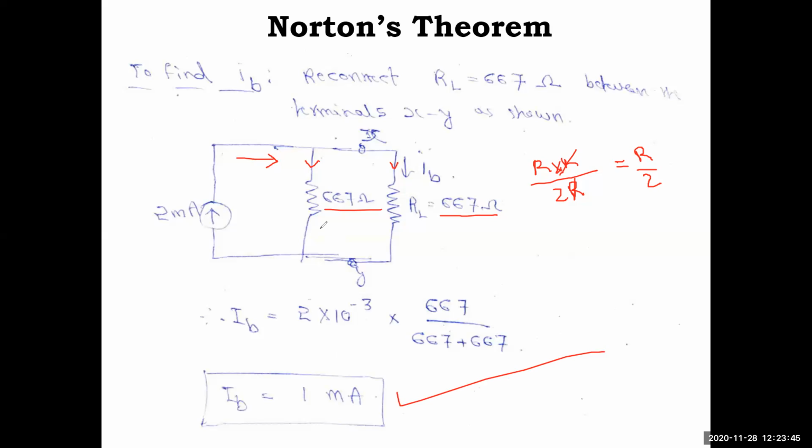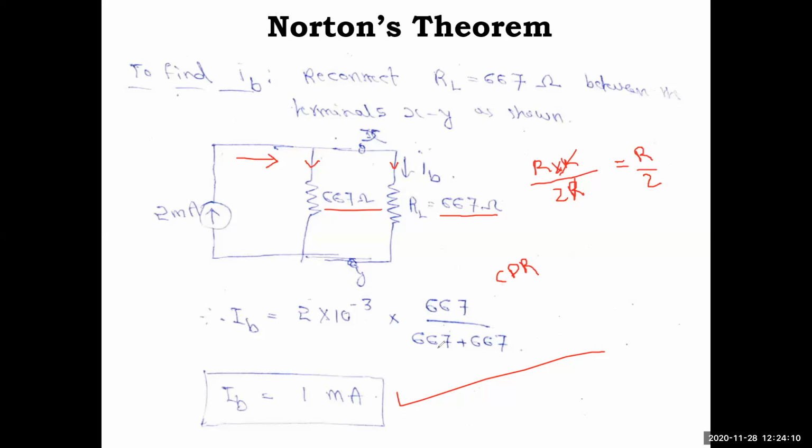Finding the equivalent resistance you can also do, but here it is a different current. Even if you do it that way, you will get this value. You can note down the rule we have used to find this: current division rule, and it is 1 milliamp.